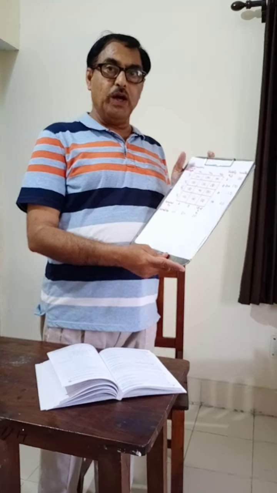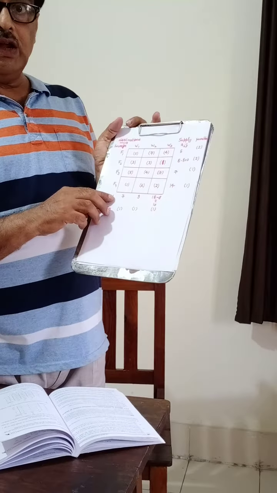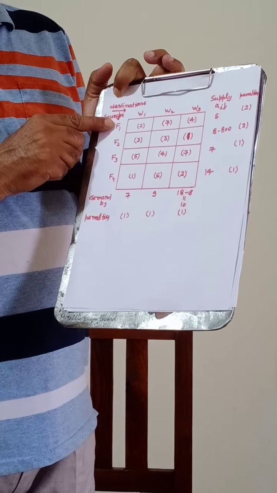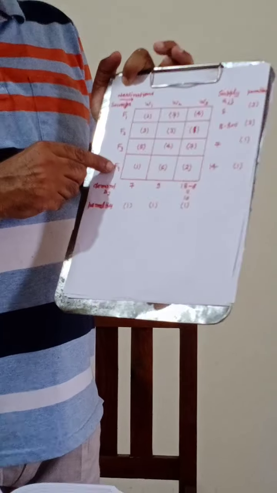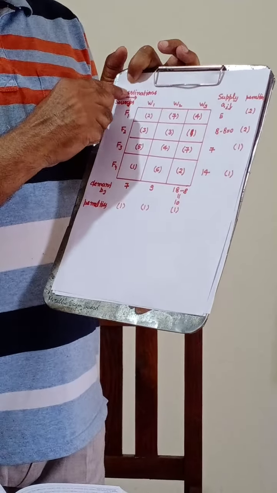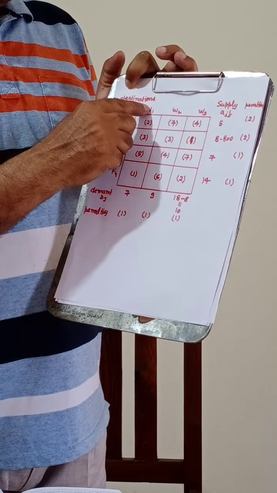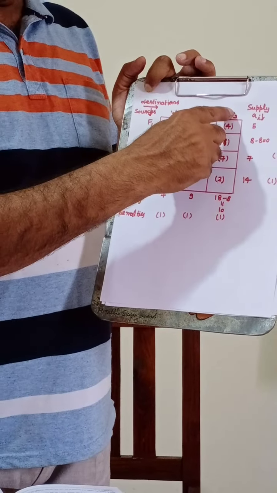Suppose we are given a transportation problem where these are the sources. 4 sources are given, F1, F2, F3, F4, and 3 destinations are given, W1, W2, W3.